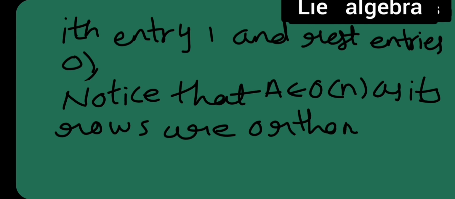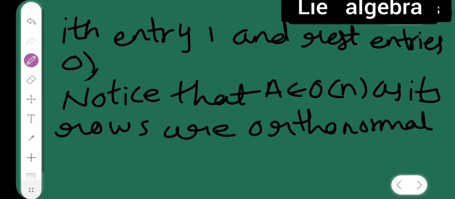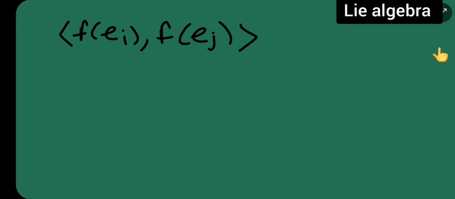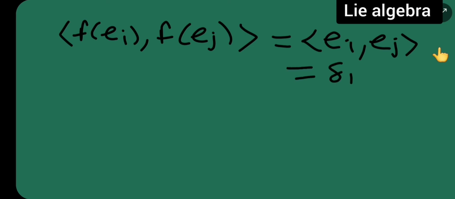Next, the inner product of f of e_i comma f of e_j is equal to the inner product of e_i comma e_j. Now this is nothing but delta ij, and this is by the star, which I have already marked and told you all to mark.